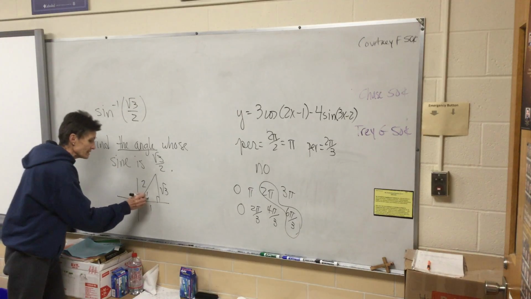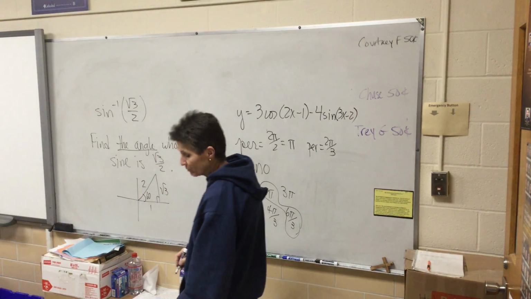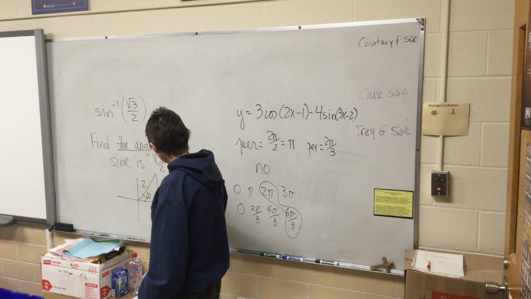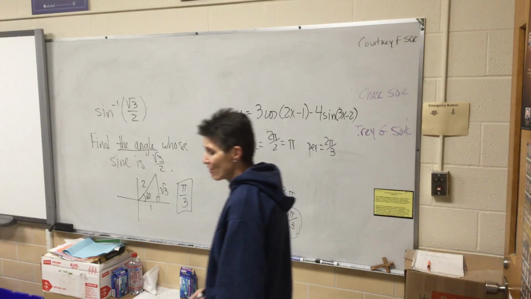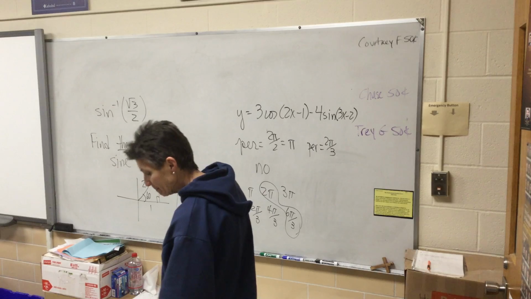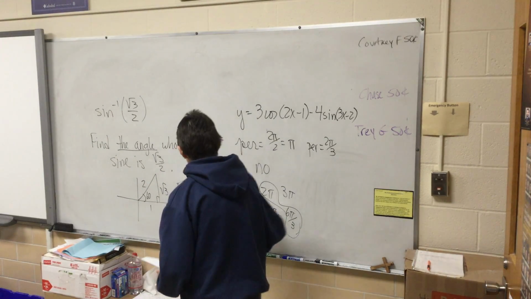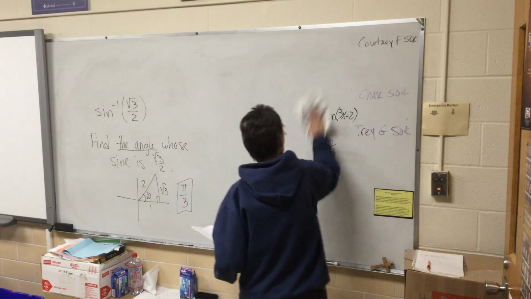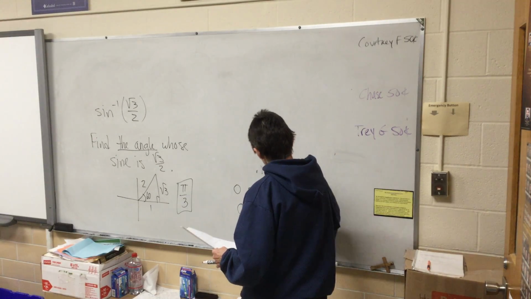Yep, in degrees, that's 60. It says do it in radians. So instead of 60, we'll say pi over 3, because 60 is 1/3 of 180. So the answer to the question, there's only one answer, and it's pi over 3, 60 degrees.